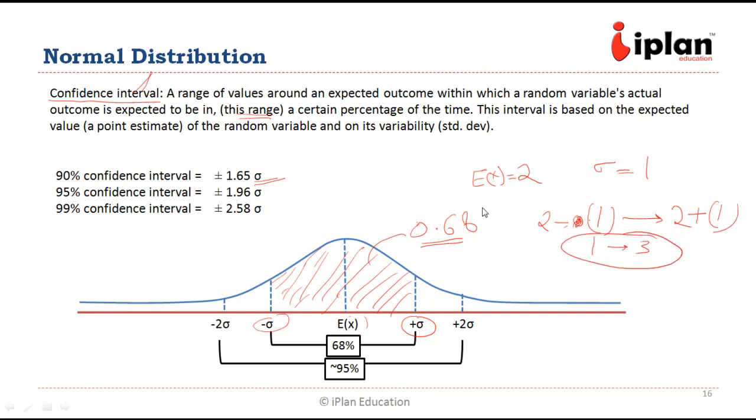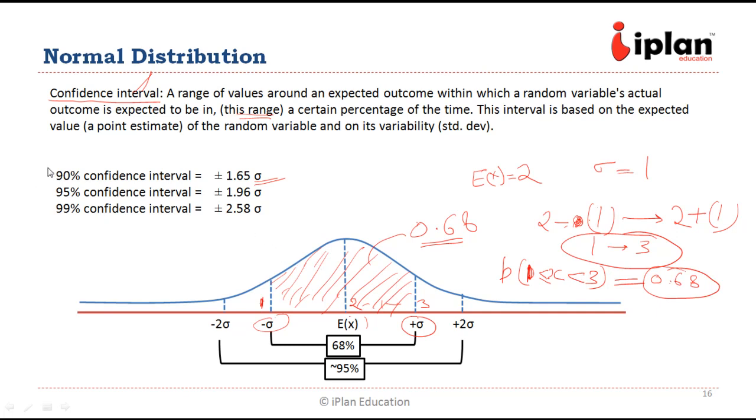So if this value is 2 and the standard deviation is 1, this value will be 3 and this value will be 1. So what is the probability of x having a value between 1 and 3? The probability of x having a value greater than or equal to 1 and less than 3 will be defined by this area, which is 68% or 0.68.